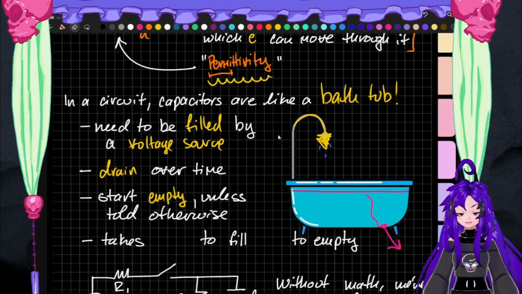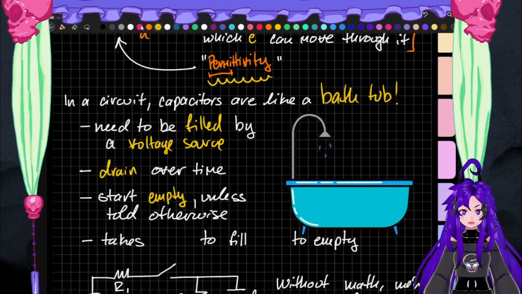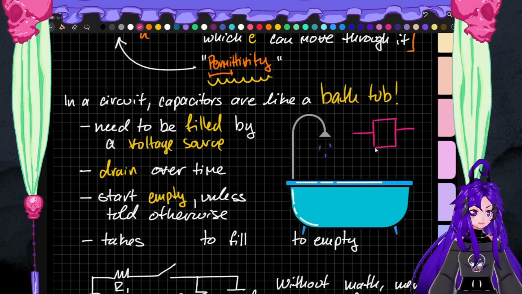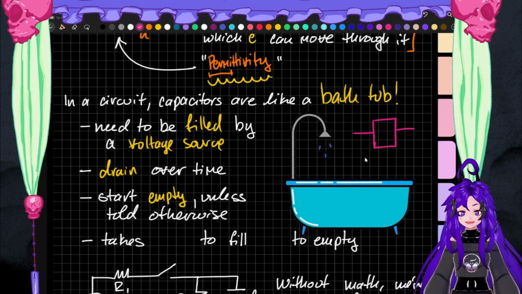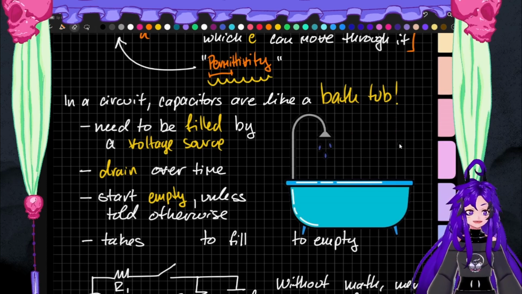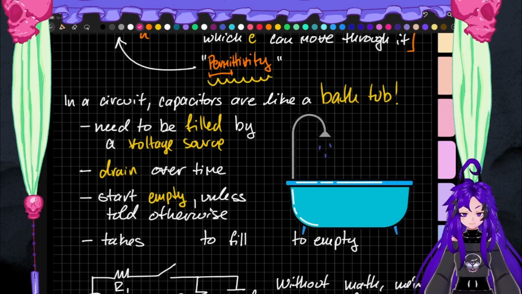If someone is kind enough to pour you a bath after a long day, so you can just go relax, then you've been told that, hey, the bathtub's full and waiting for you. Well, you're gonna be told that the capacitor has been charging and is full. So, unless there's something that indicates the bathtub is not empty, you can just assume that the bathtub lives empty.